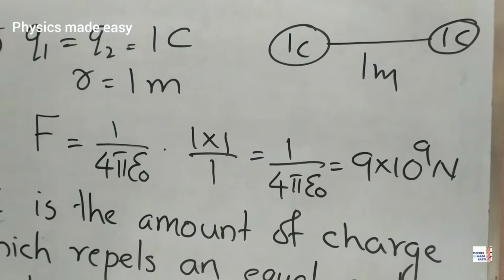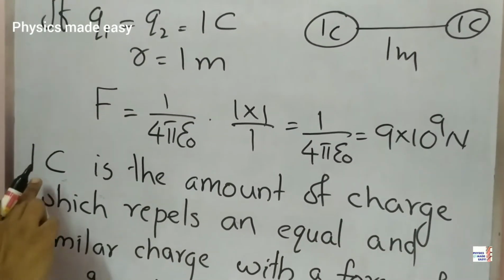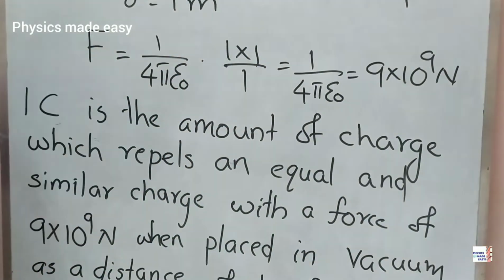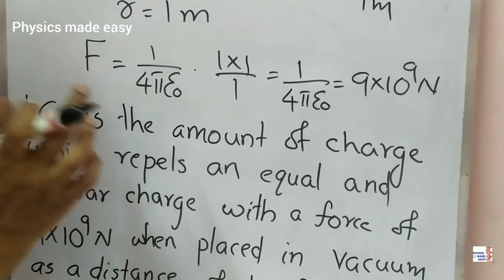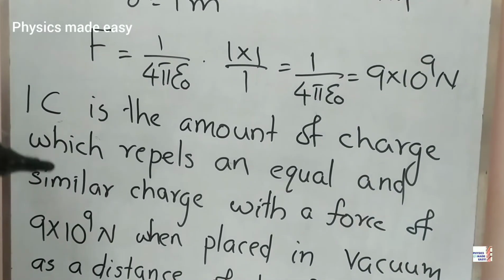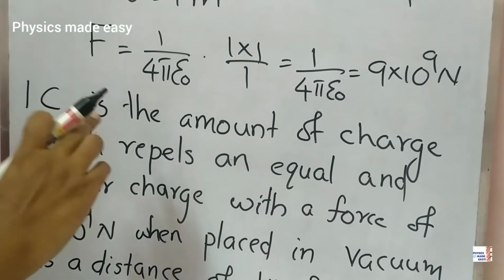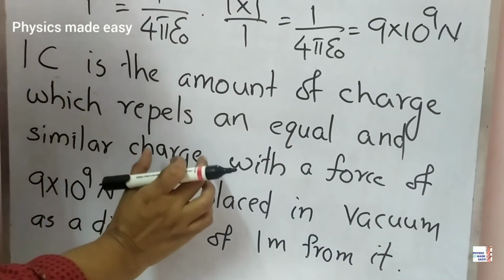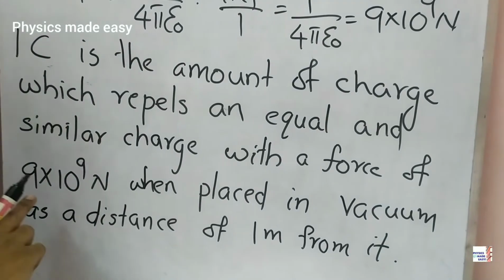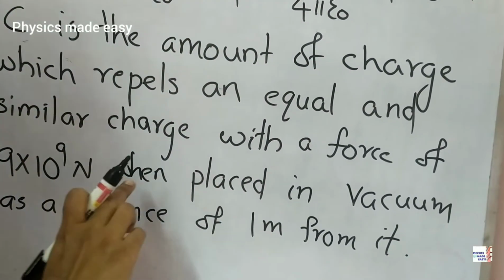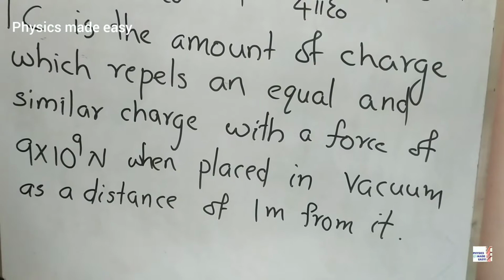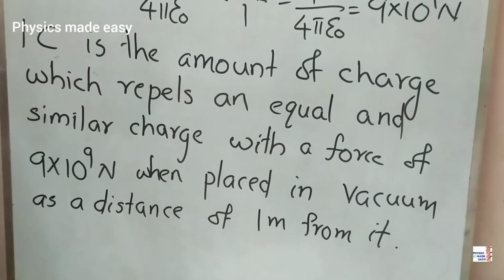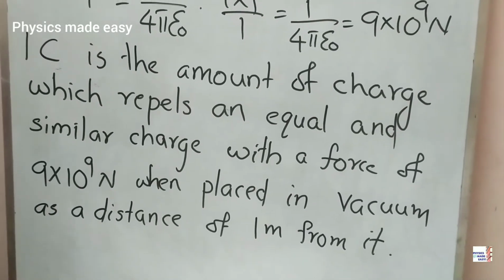Then how to define 1 Coulomb of charge? 1 Coulomb is the amount of charge which repels an equal and similar charge with a force of 9 into 10 raised to 9 Newton when placed in vacuum at a distance of 1 meter from it. Here the charges are equal and similar, so the force between them is a force of repulsion. This is the definition for the SI unit of charge, that is Coulomb.